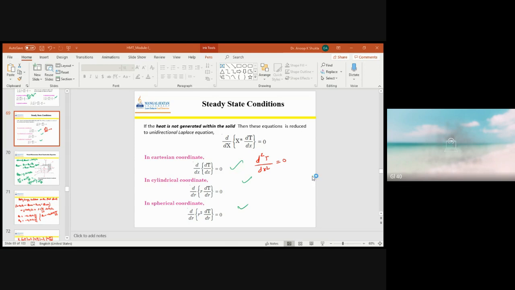And similarly, in cylindrical coordinates it becomes d upon dr into r dT upon dr.